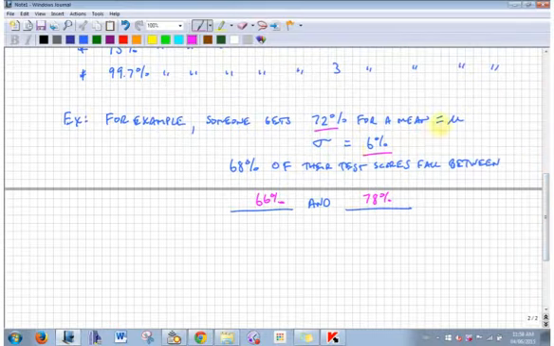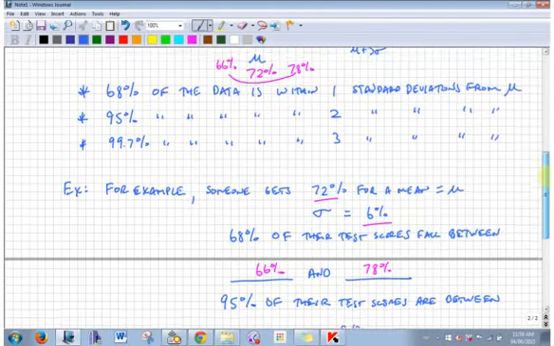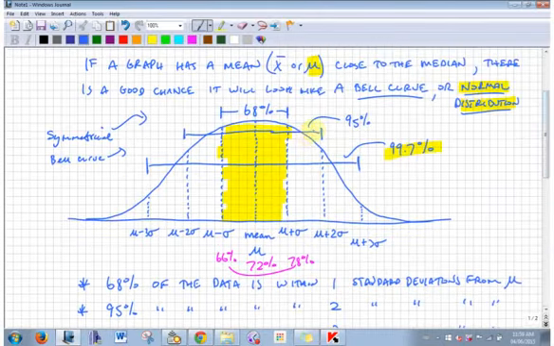Okay? Given mu, given sigma, 95% of their test scores are between what and what? Let's use a different color.